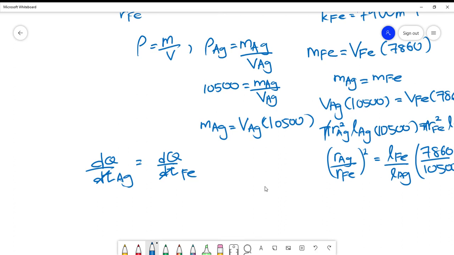Alright, so then what will be our heat flow? The heat flow basically is, let me think about it. So let me think a moment.